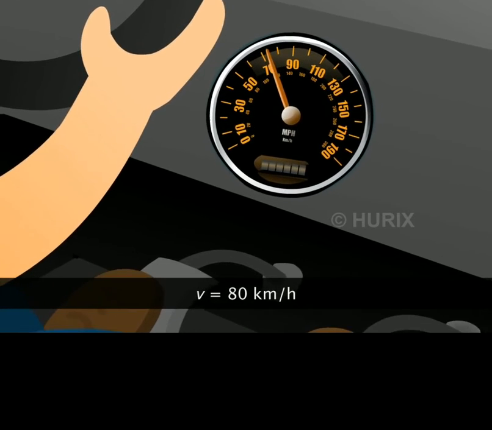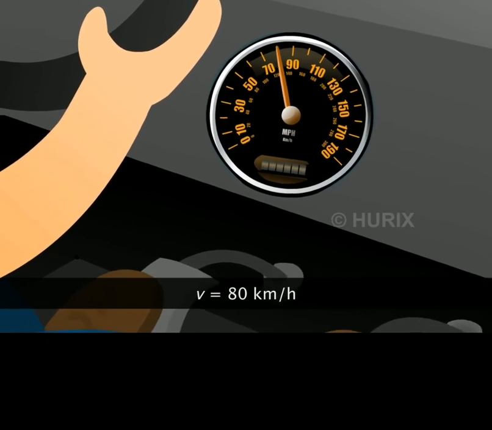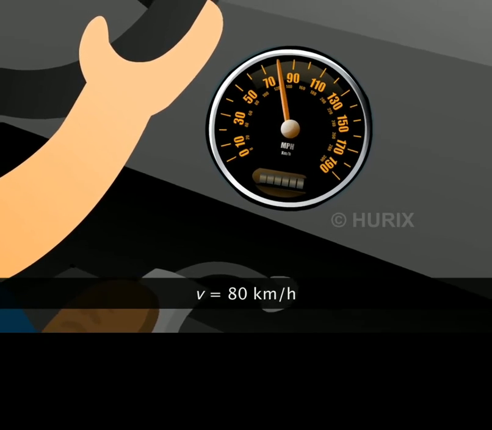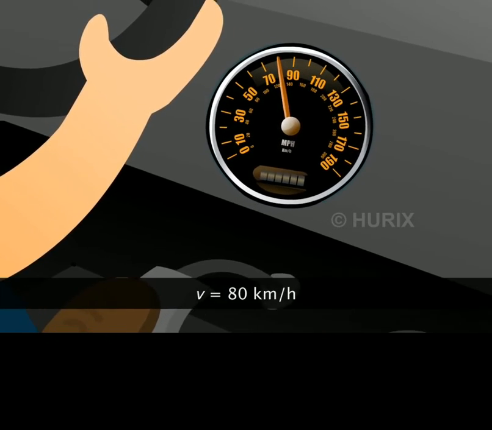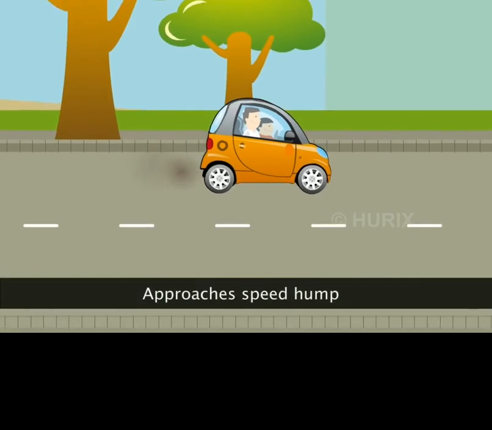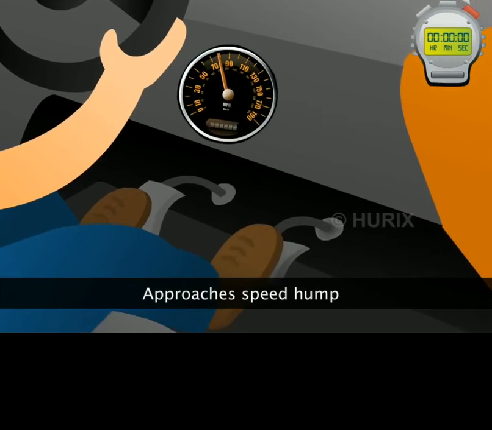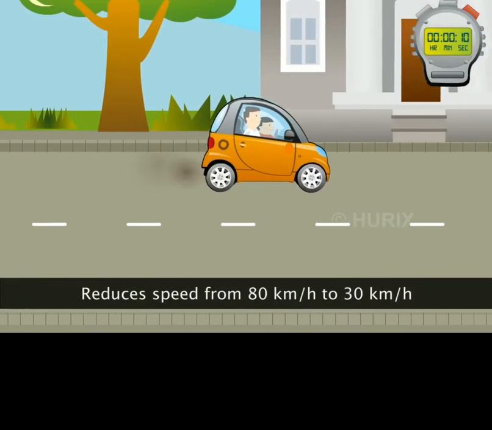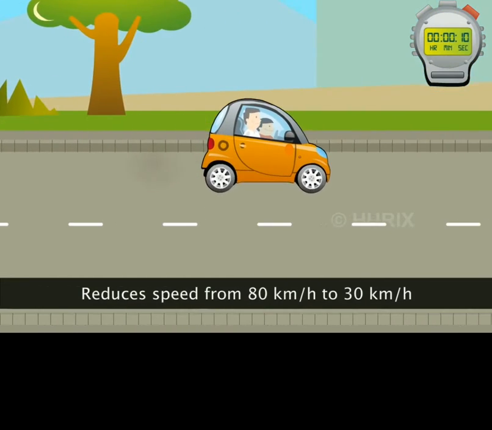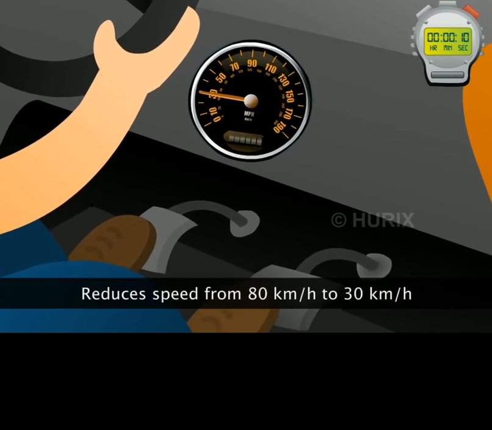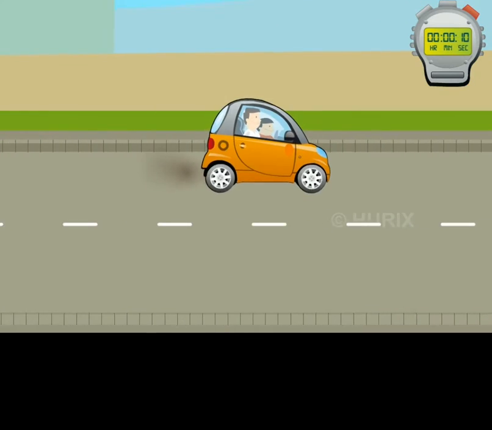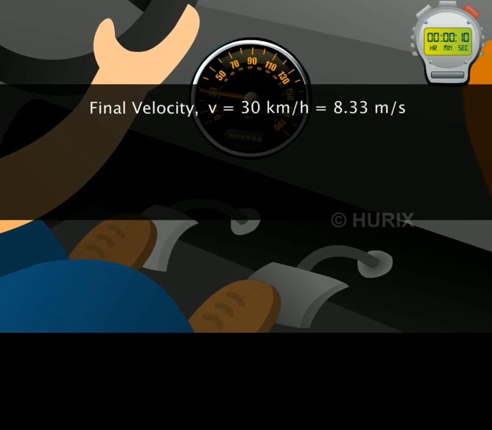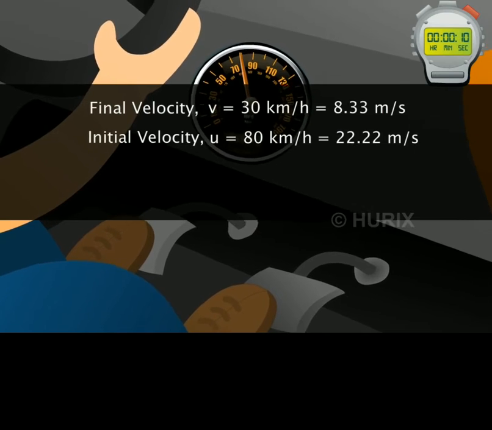Now observe this car. The driver is driving at the rate of 80 kilometers per hour. As he approaches a speed hump, he slows down his car. In 10 seconds, the speed drops to 30 kilometers per hour. In this instance, final velocity is 30 and initial velocity is 80.